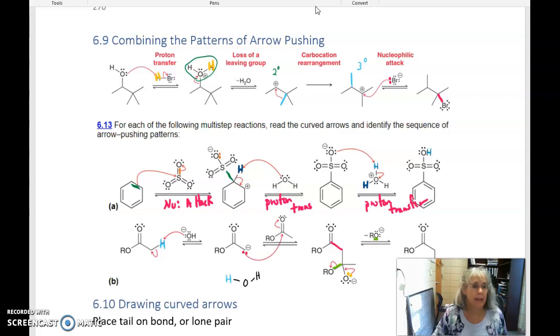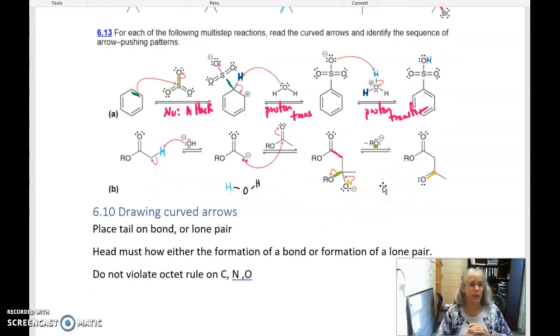All right. Then let's pull this up and look at this next one. Here we have a proton, and if we look at the next figure, that proton is gone, and so we have proton transfer.